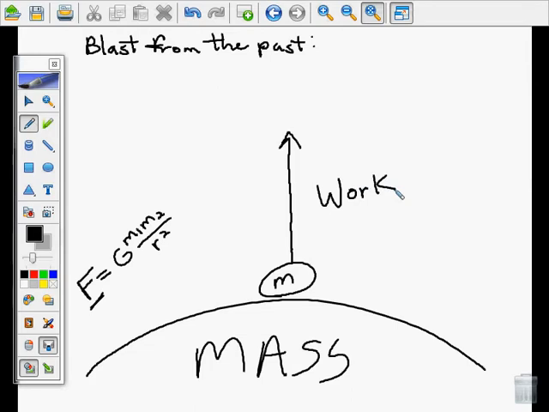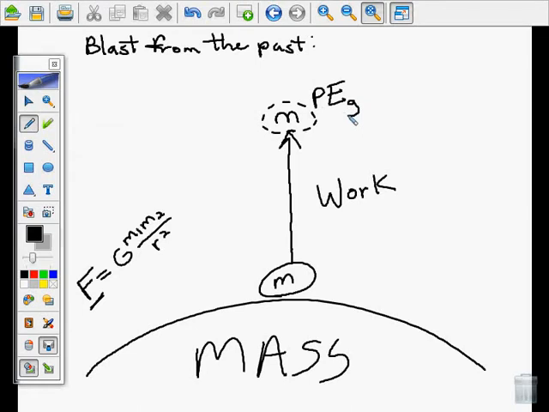And then once that mass is up here, what does it now have up there that it didn't have down at the bottom, Julie? Potential energy due to gravity. Now that it's up here, it has so much potential energy due to gravity, yes?